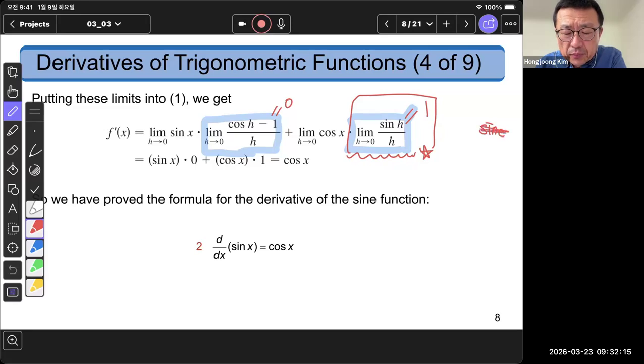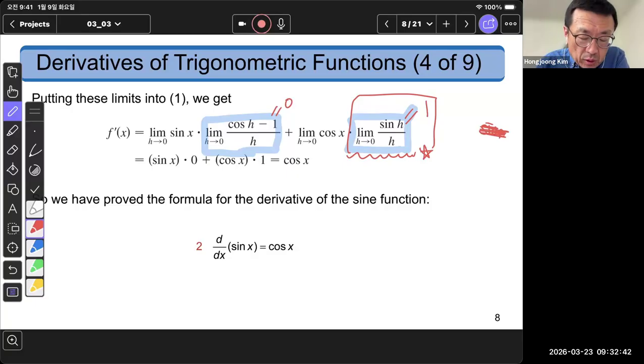We are not going to consider that one, but this limit of sine h over h will be 1 as h goes to 0. And the limit of cosine h minus 1 over h will be 0. I will postpone the proof of these two.